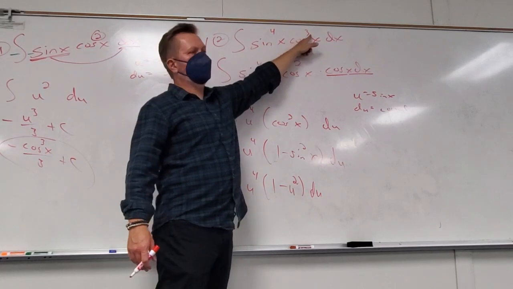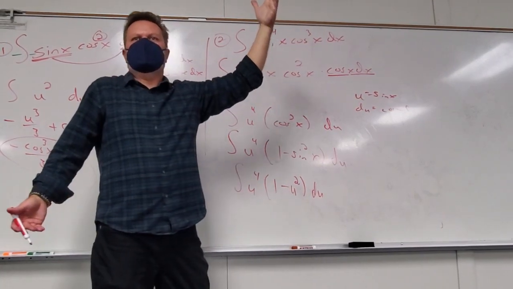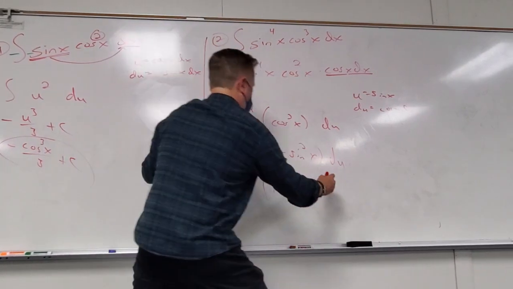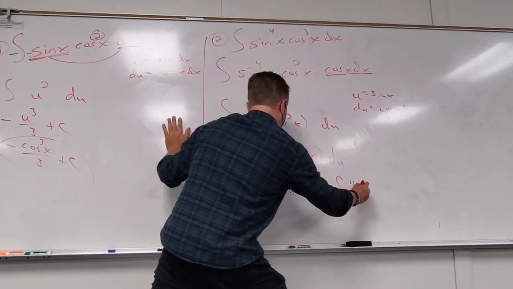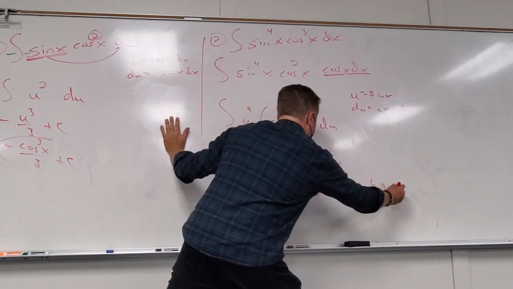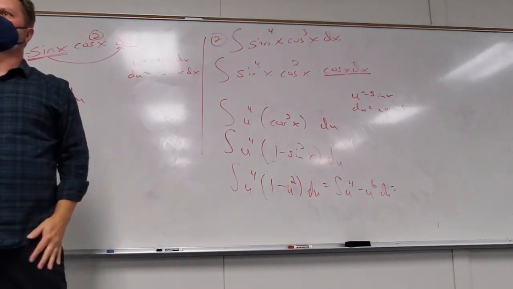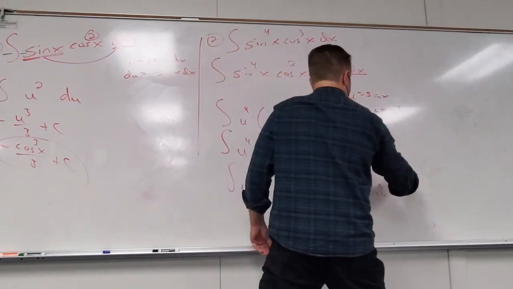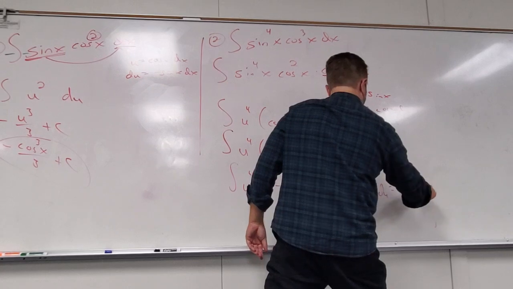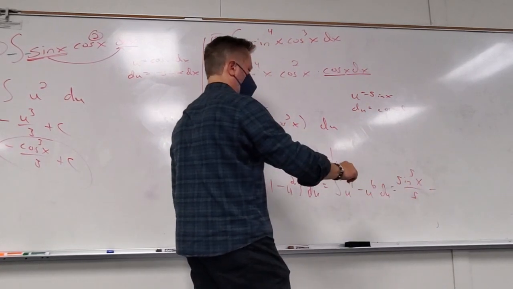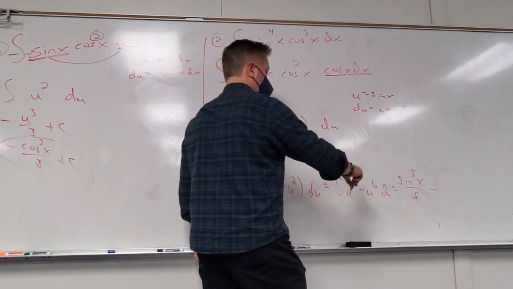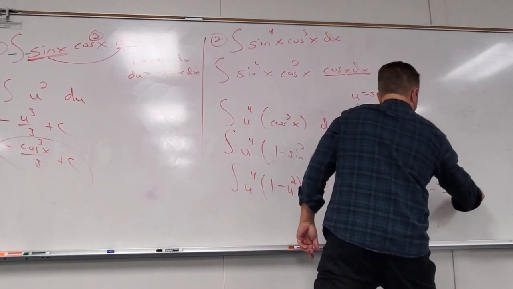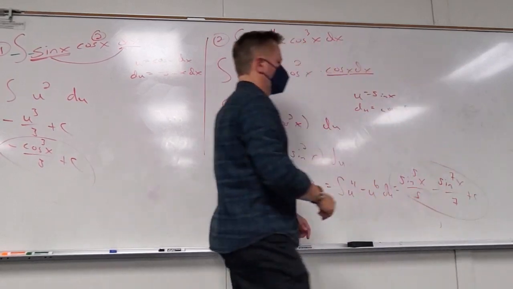So if it would have been 5 to begin with, how would I do that? Let's try that next. So this now is easy. I try to be careful about when I say that, but that is easy, yes? What's that? Yeah, let's go ahead and throw this in there. So u to the fifth over 5 minus sine to the 7th over 7 plus C. Okay.